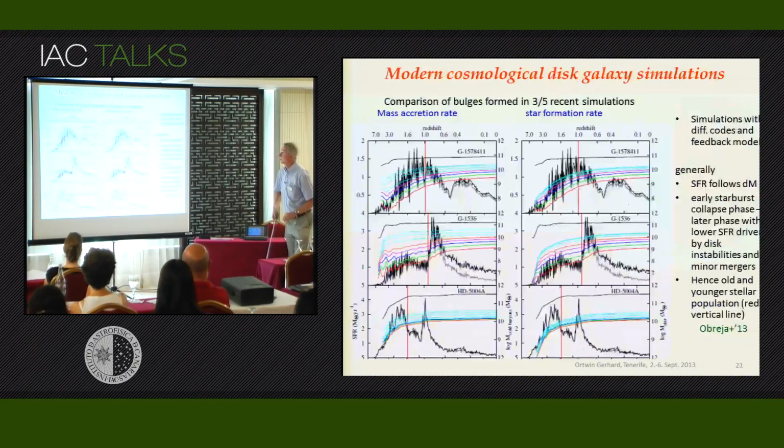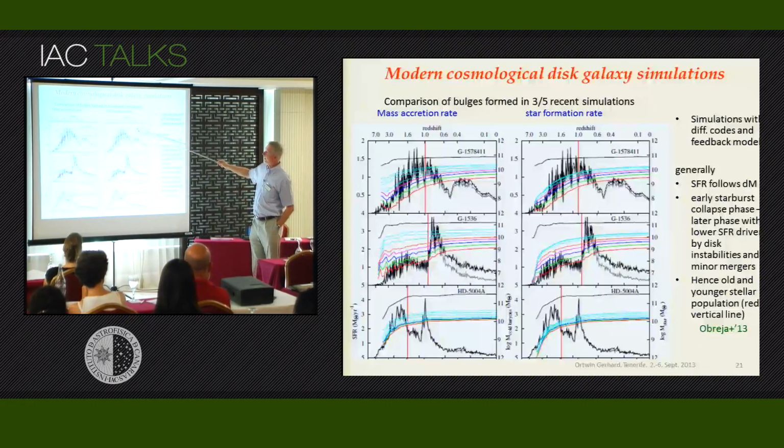So the last thing on this simulation I wanted to show you is a comparison of several of these recent models done by Obreja and others. They've been using simulations from various people, different codes and different feedback recipes and so on.